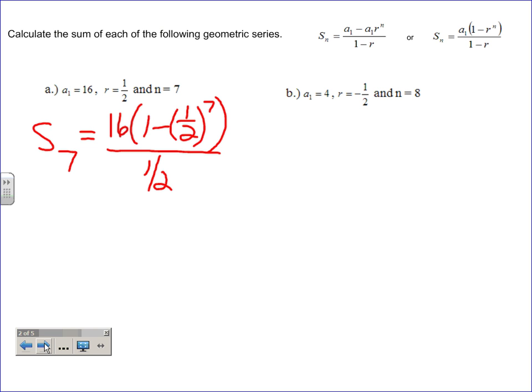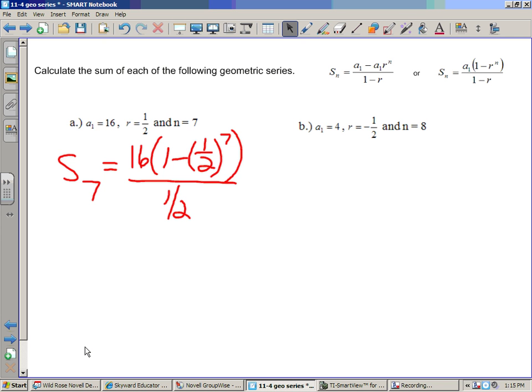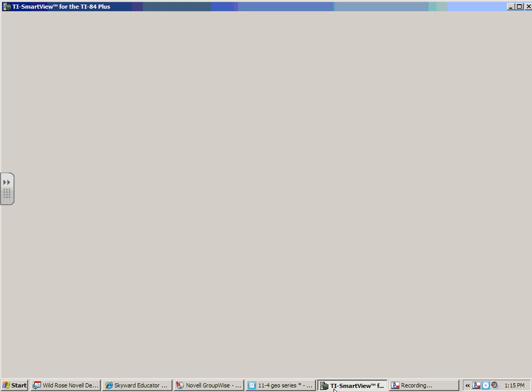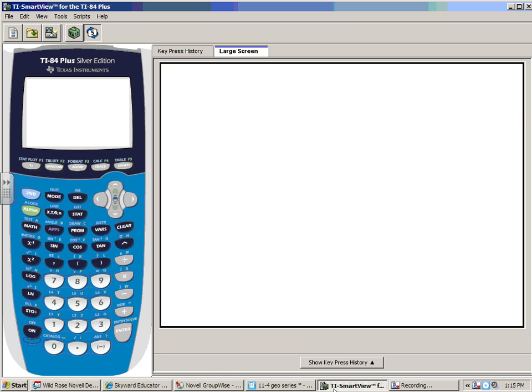So are there any questions how I substituted it into the formula that you chose? Right, now let's go to the calculator and show you how to type that in. So obviously the first thing you're going to type in is the 16. And then what's the next thing that you have written down? Yeah, a left parenthesis, right? So let's put one of those in. And then what's the next thing you have?